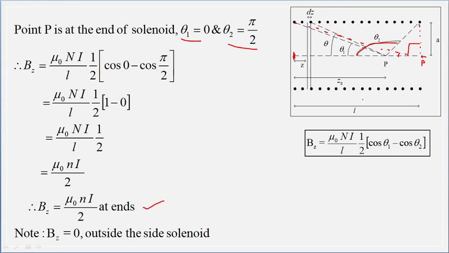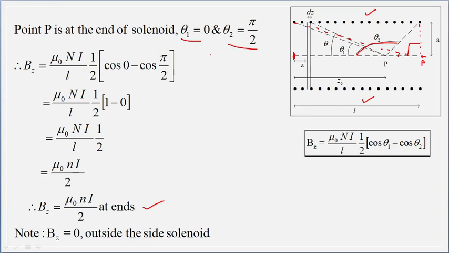Then outside the solenoid, you can draw these magnetic field diagrams and see that the magnetic field is nearly negligible outside the solenoid. Along this axis, the field will be there. It's just like a bar magnet. So the solenoid is behaving exactly like a bar magnet.